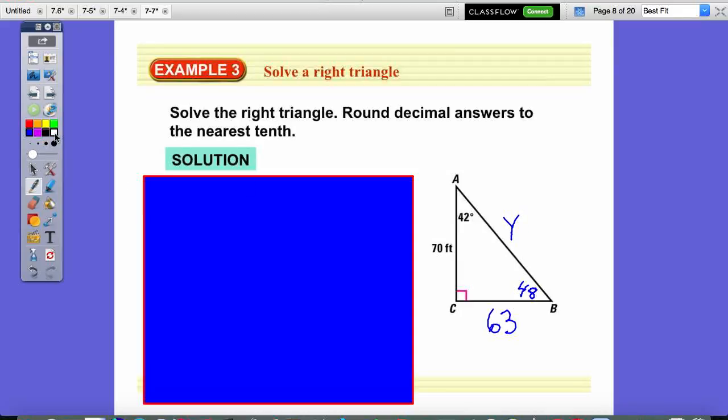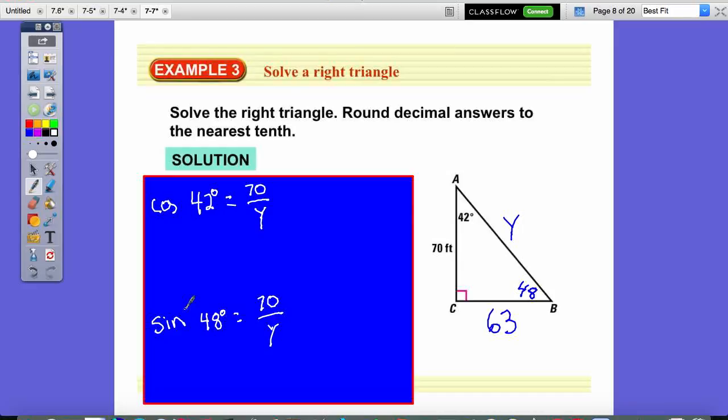To find y, if I use the 42-degree angle, and I'm going to use the information they originally gave me, I just make it most exact. 70 is the adjacent, y is the hypotenuse, that's cosine ratio, or I could have used 48, which is opposite over y, because I'm finding hypotenuse, and that's the sine ratio.